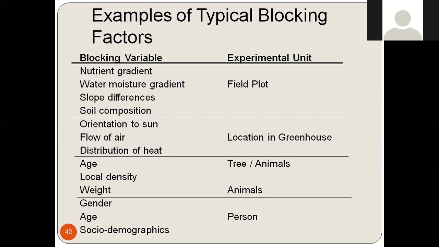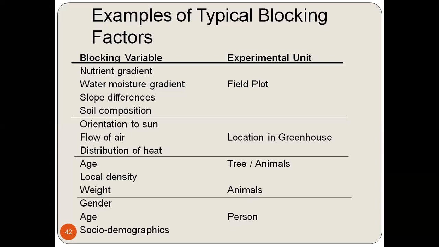Then another example, orientation to the sun. Even though we said greenhouses, you rarely find a problem. Greenhouses are more or less homogeneous. But there may be an opportunity to have heterogeneity also, right? Why? Because the greenhouse may be located in a place where you may get sunlight coming into the greenhouse.